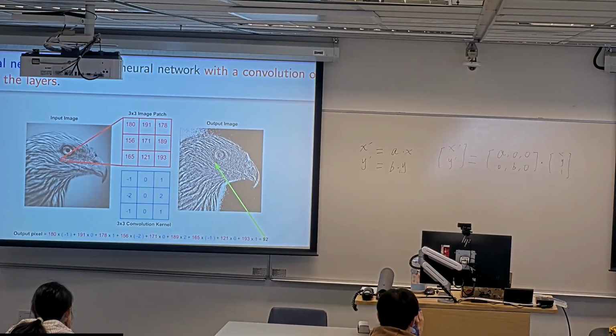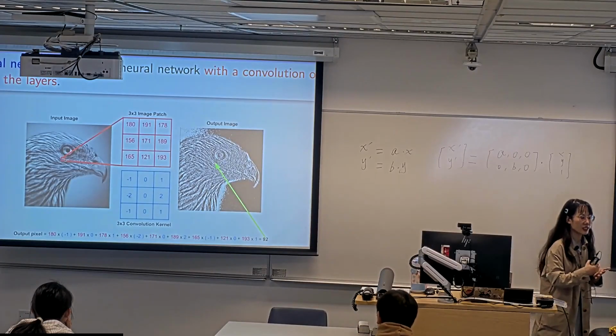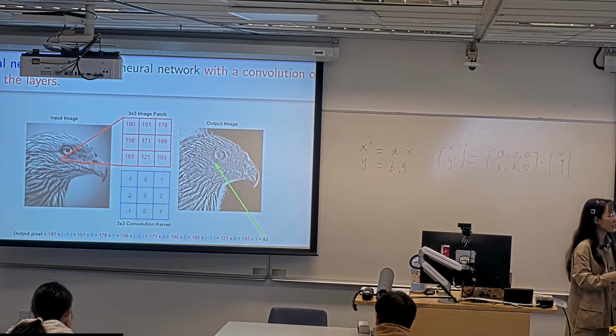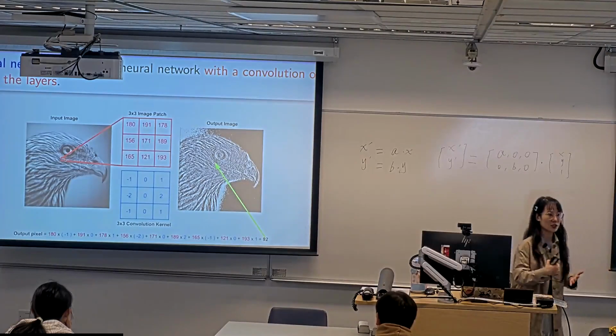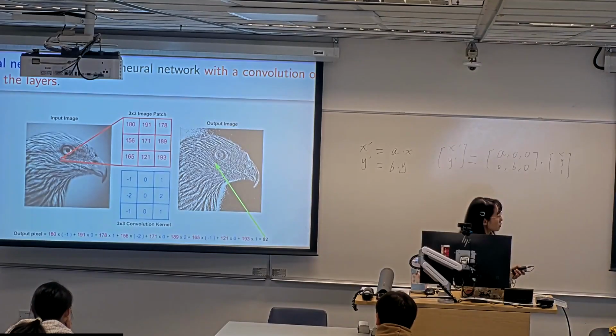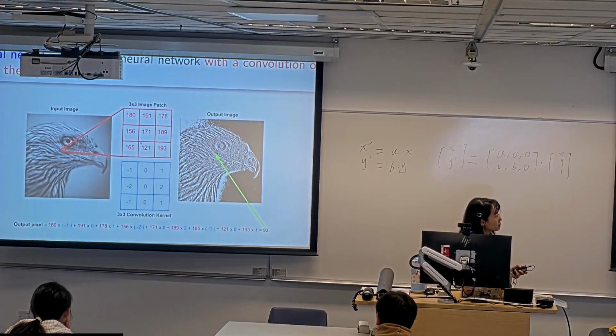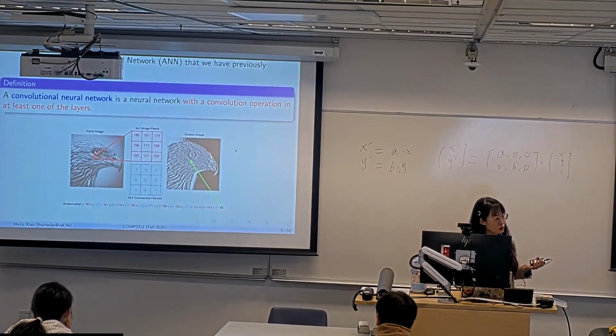For example, this is the 3 by 3 image patch, the neighborhood of this point, and then we slide the kernel over until it overlaps with the image patch, and we do the element-wise multiplication and summation, like what we have done here. The output pixel is the sum of the one-by-one multiplications, like 180 times -1 here. We just do these multiplications and add them together to get the output value. So this is the image convolution, right?